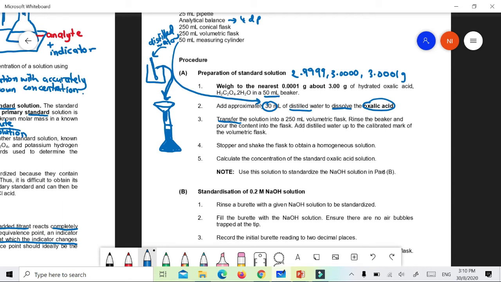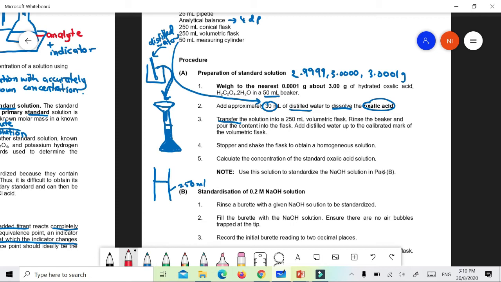Because we don't want you to add more than this graduated level. Let's see how to look at the graduated level. This is the graduated level. If you fill up solution up to this, you have 250 ml solution.